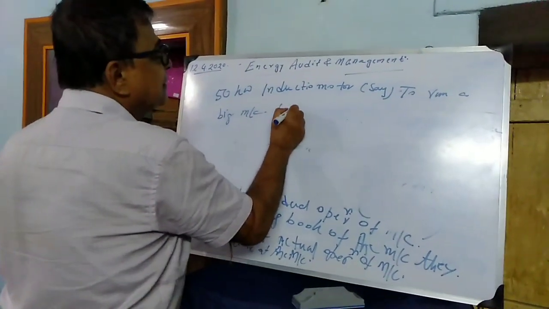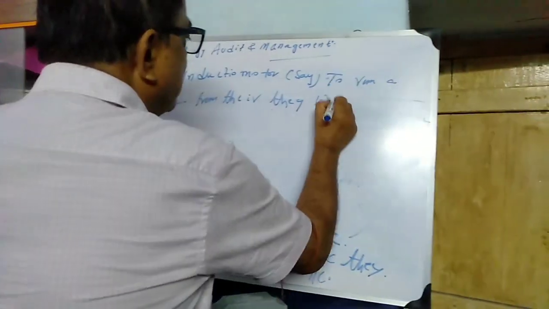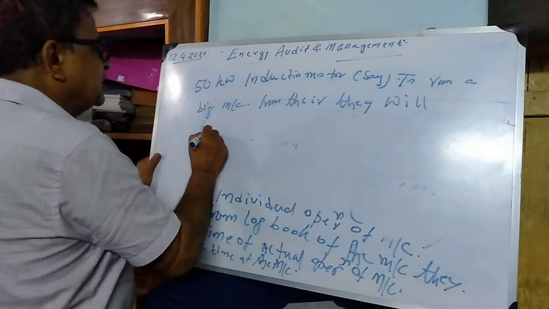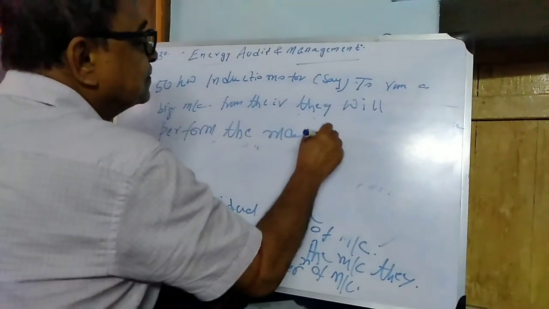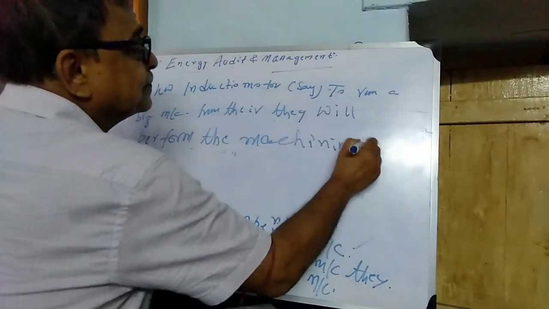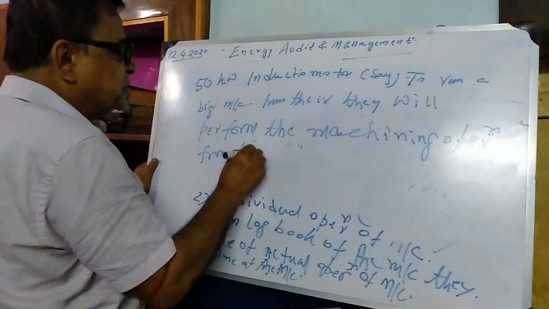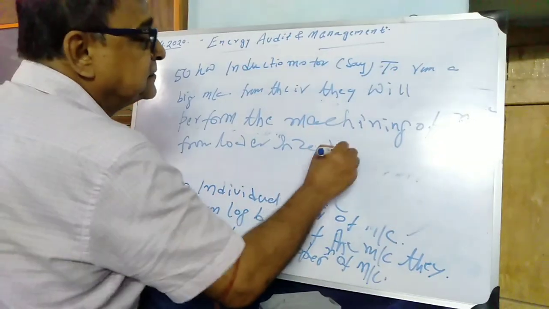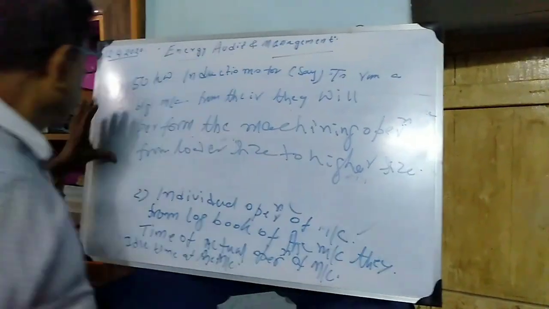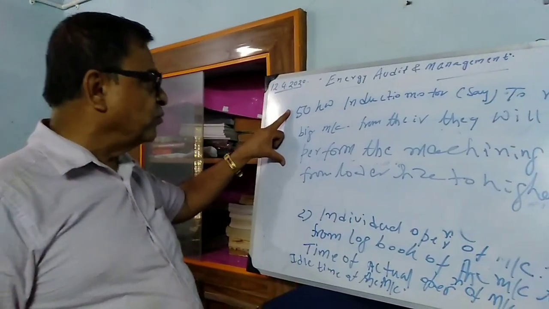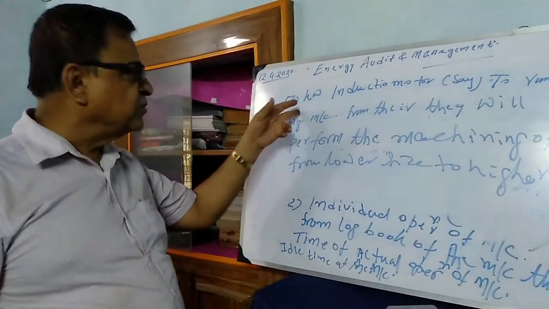From there they will perform machining operations from lower size to higher size. That means if one small nut bolt is there to make the thread, they will operate this machine, and for a big shaft they will also use this machine.